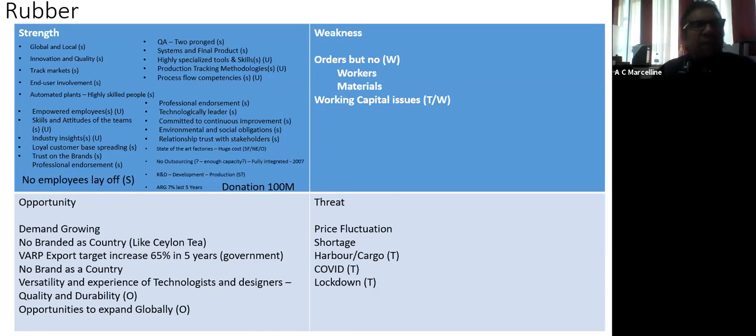Then you need to work on your TOWS matrix. Carefully analyze what the TOWS matrix looks like. It's an opportunity for you to see how you could create the options available to you. So for rubber, we have rubber stocks available for a couple of years. So this weakness, with the materials, now it's going to go off. Okay.